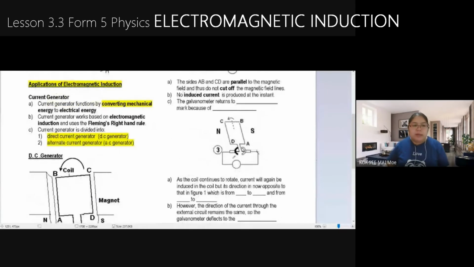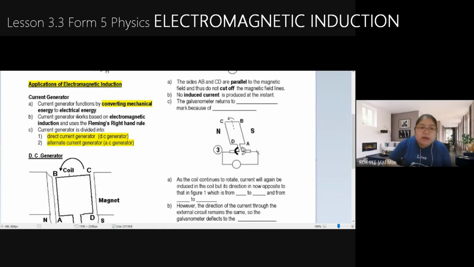Now is an application of electromagnetic induction. Current generator. The current generator function is converting mechanical energy to electrical energy. The mechanical energy now is kinetic. They use the rotation to convert to electrical energy. Electrical energy is an induced current.